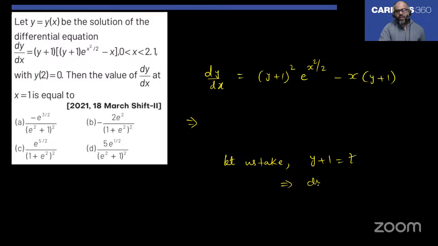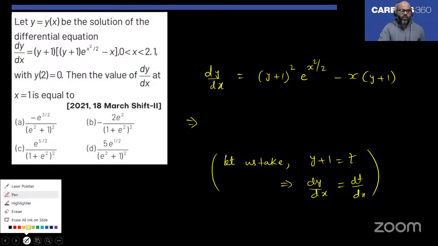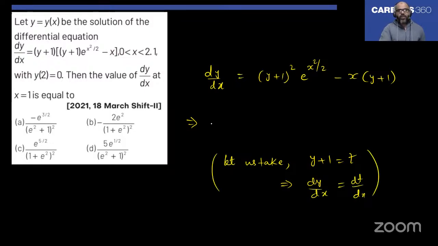So dy by dx is equal to dt by dx. So this is what we are doing. So the equation is becoming dt by dx is equal to e to the power x square by 2 into t square minus x into t. This is what we are getting.